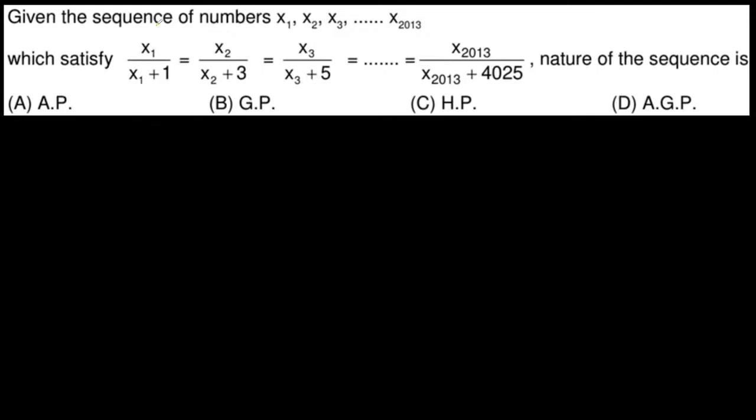This is given the sequence of numbers which satisfy x1 by x1 plus 1, x2 by x2 plus 3, x3 by x3 plus 5. So we have a trick. We will do reciprocal of everything.